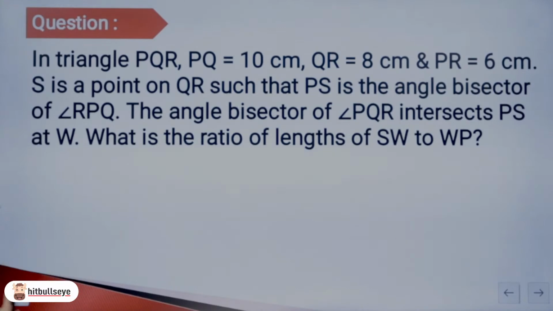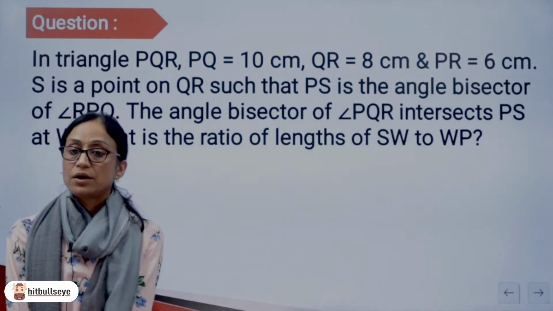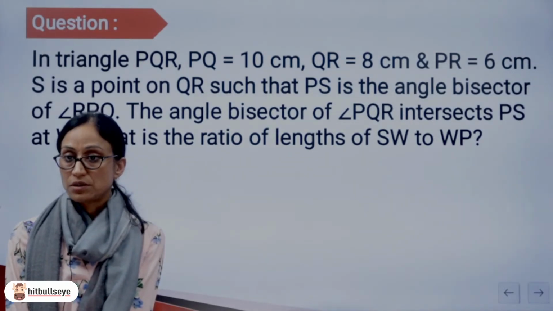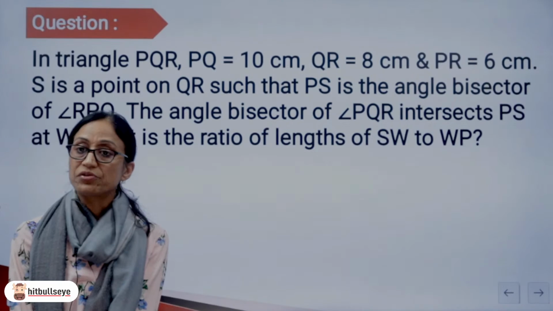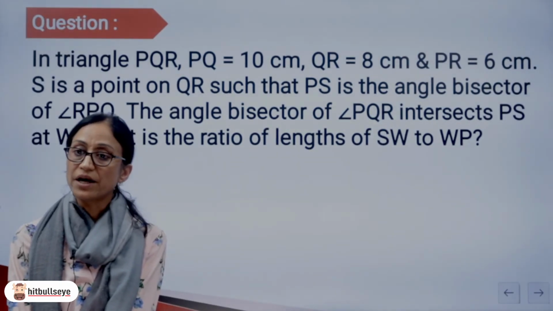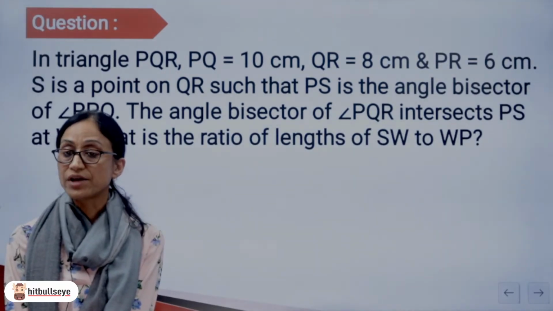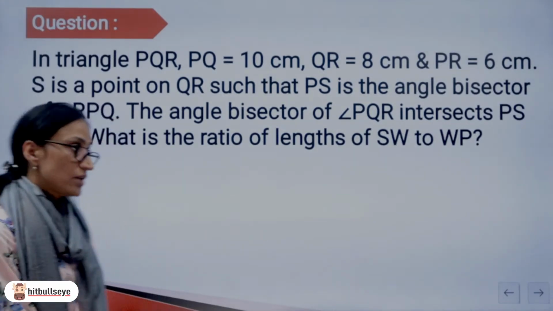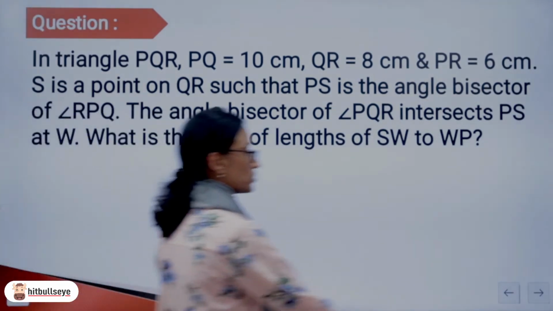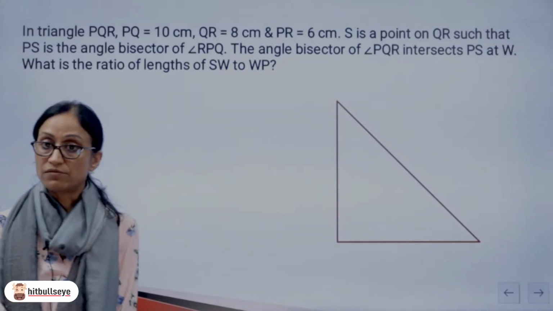Let's visualize what the question is going to look like in terms of the triangle getting constructed here. We should always notice in any question where the three sides of the triangle are provided, is it making a Pythagorean triplet? If yes, then of course it's going to be a right-angled triangle here. So that is one very important observation in this question, that it's going to be a right-angled triangle for sure. Why?